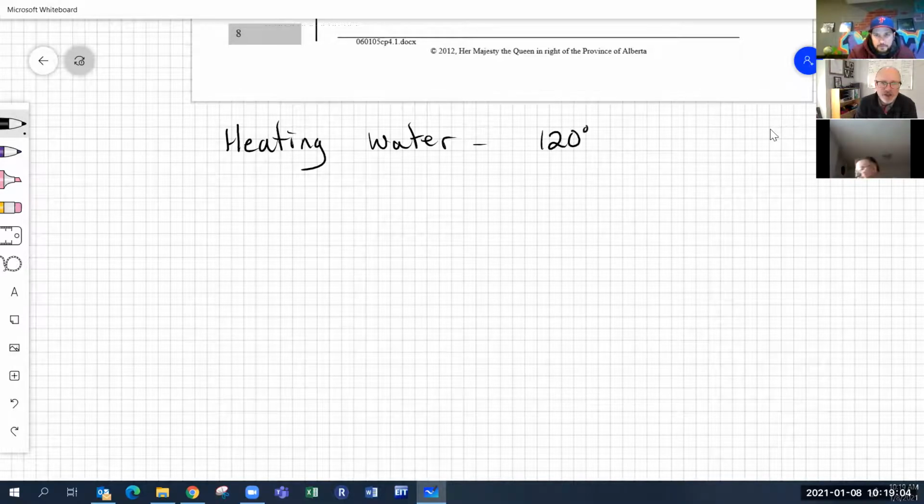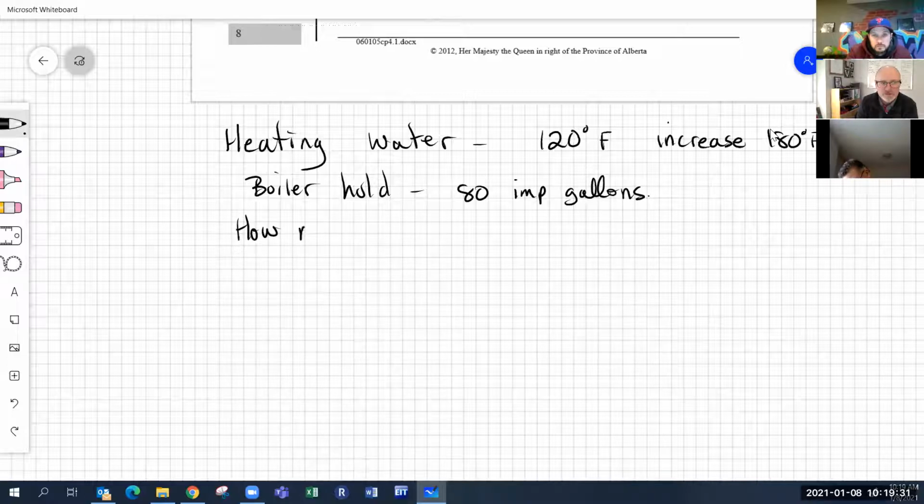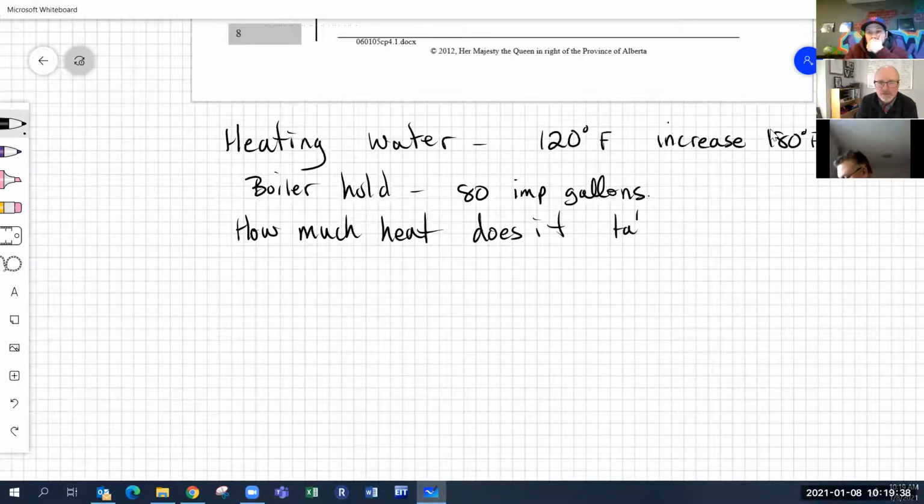If I start off at 120 degree Fahrenheit water, and I want to increase that boiler water to 180 degrees Fahrenheit, this boiler happens to hold 80 imperial gallons. I'm going to want to know how much heat does it take to heat this water.